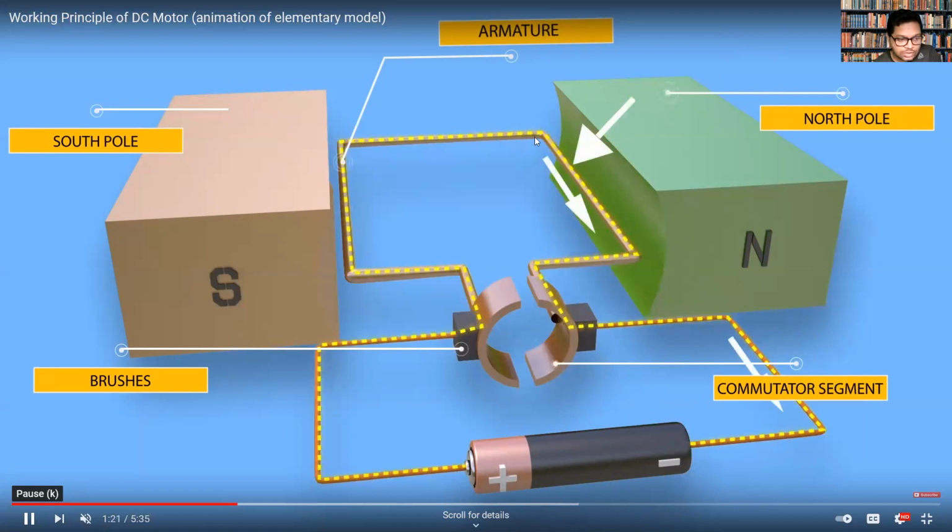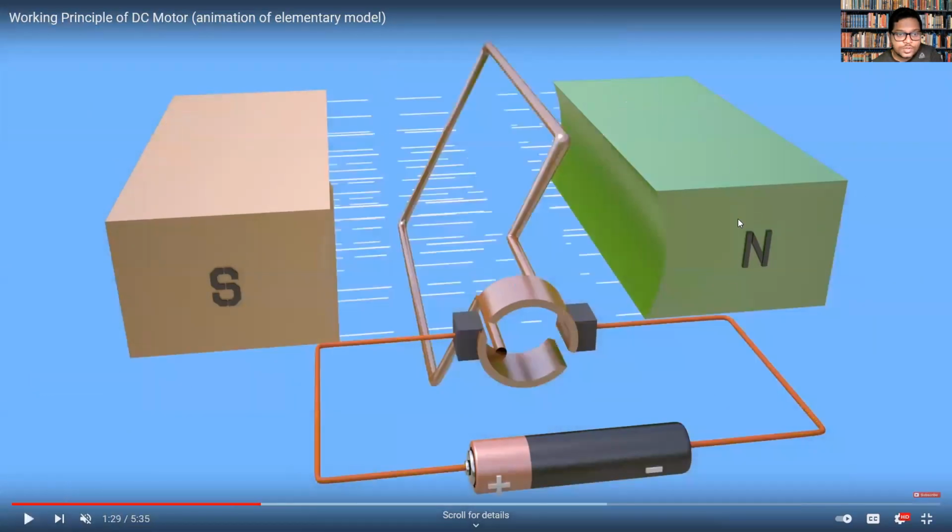I will just show you that. So you can see that this is the case where there is no current flowing in this particular wire.